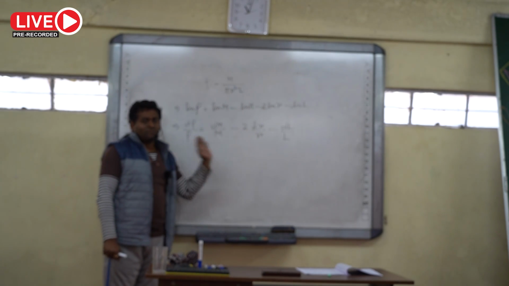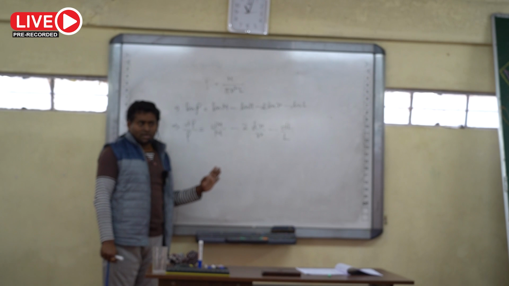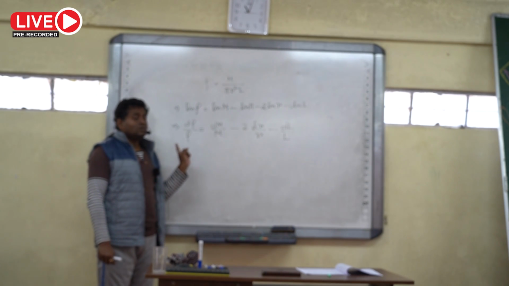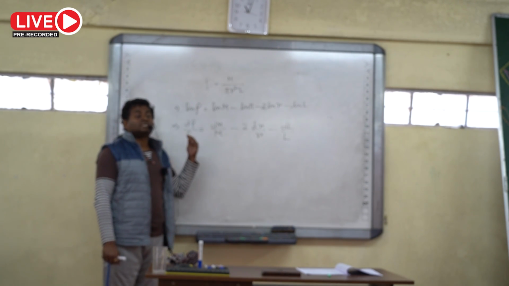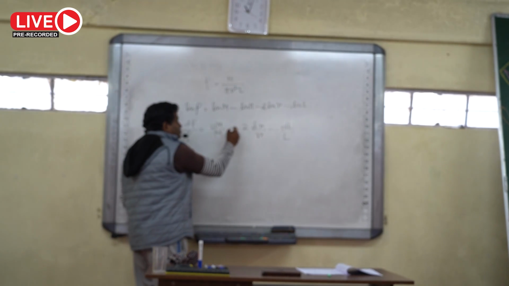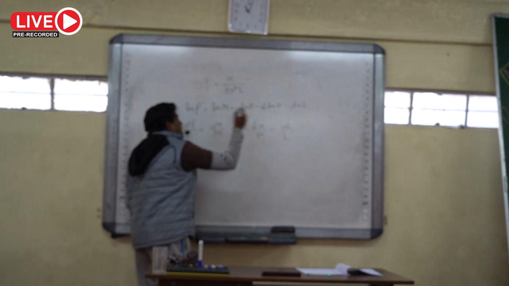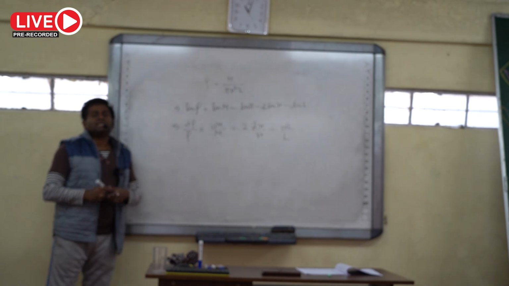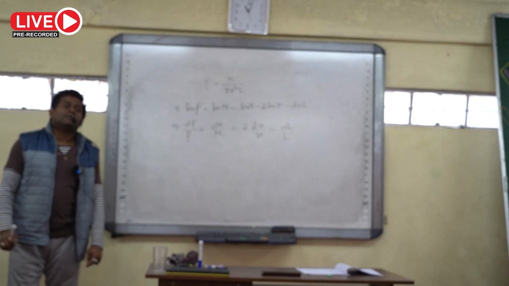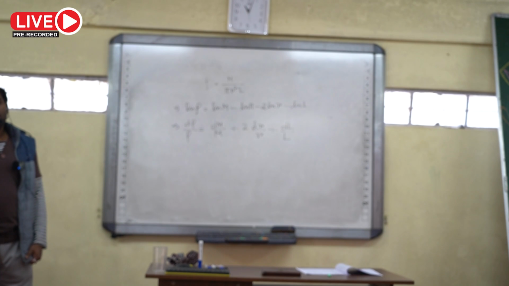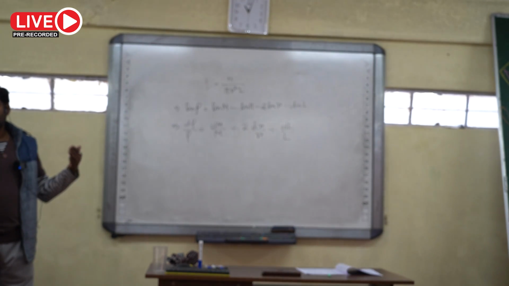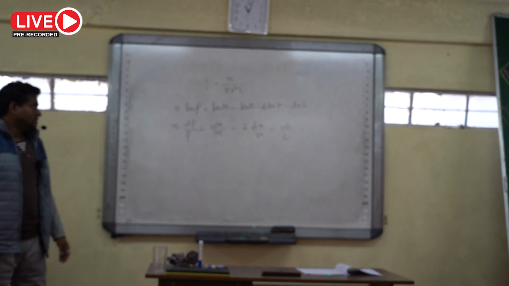Now, this is the actual formula, but for calculating the maximum proportional error, we have to add all of these. We have to change the signs to get the maximum proportional error. All the quantities' errors should be added.